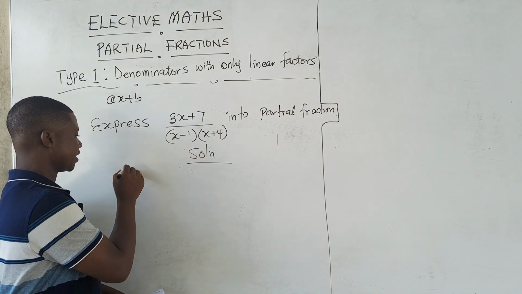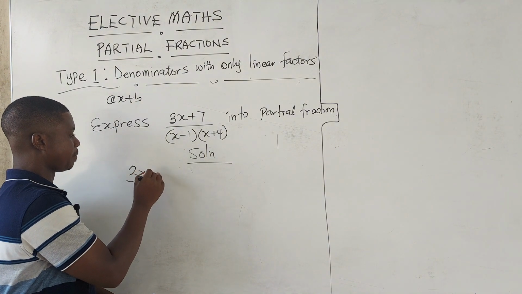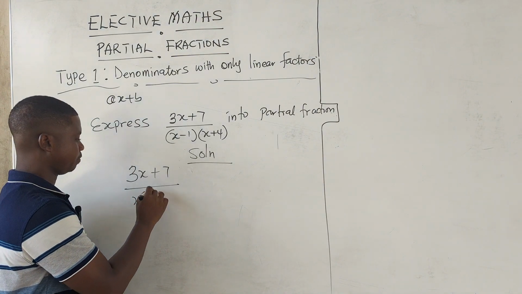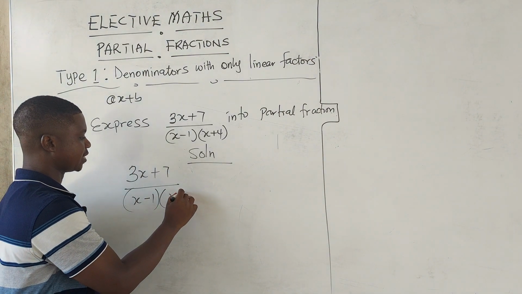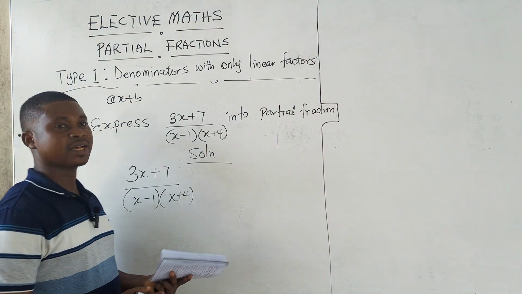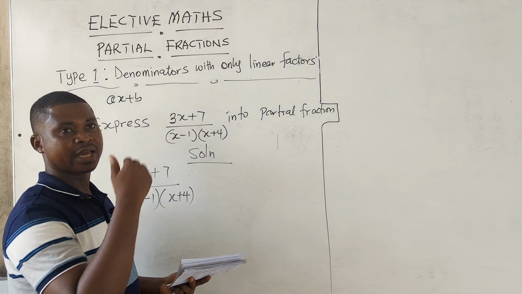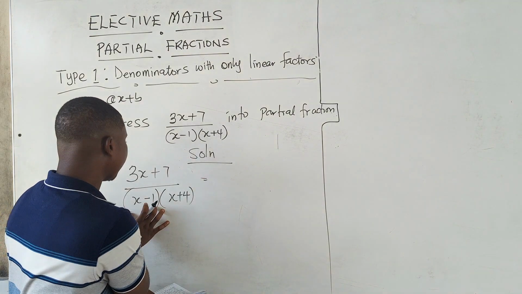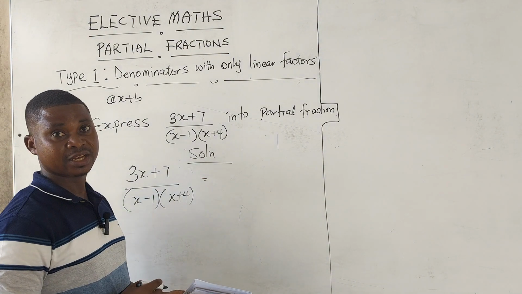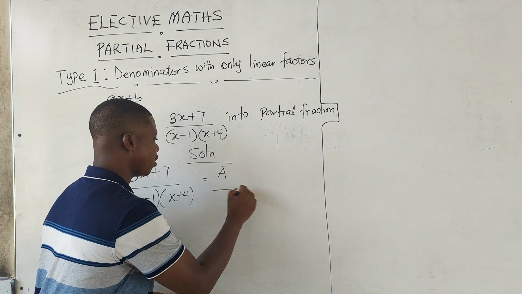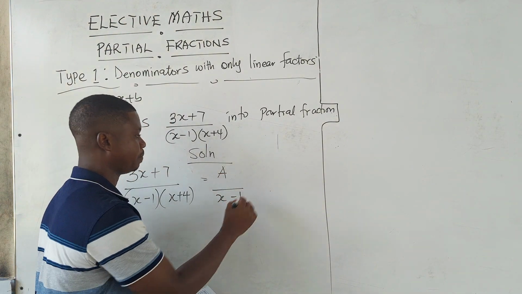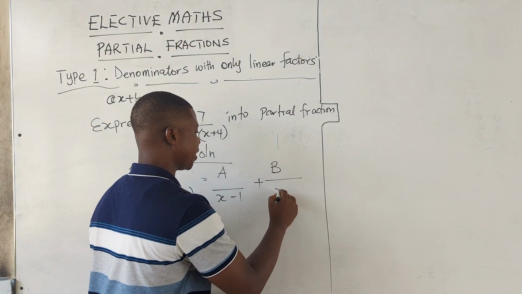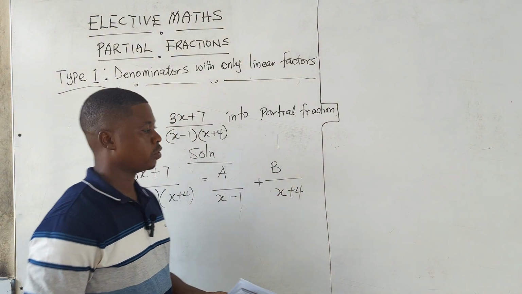So our question is 3x plus 7 all over (x minus 1)(x plus 4). As I said earlier, the numerators are constant. Each of these is a linear factor, so we have A over x minus 1 plus B over x plus 4.